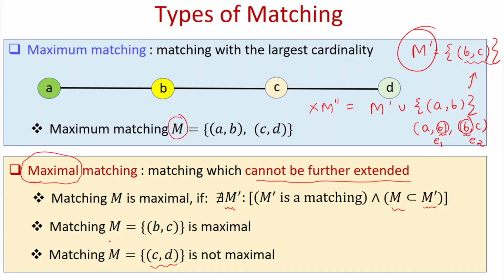Of course, every maximum matching is a maximal matching, but the other way around need not be true. You may have a matching which is just maximal, but not maximum. One example here is the matching B comma C. It is a maximal matching, but it is not a maximum matching.